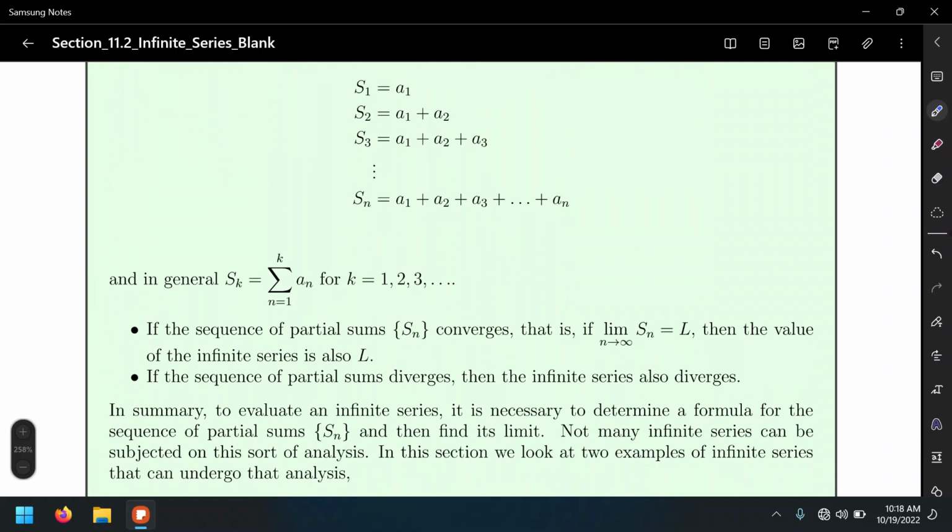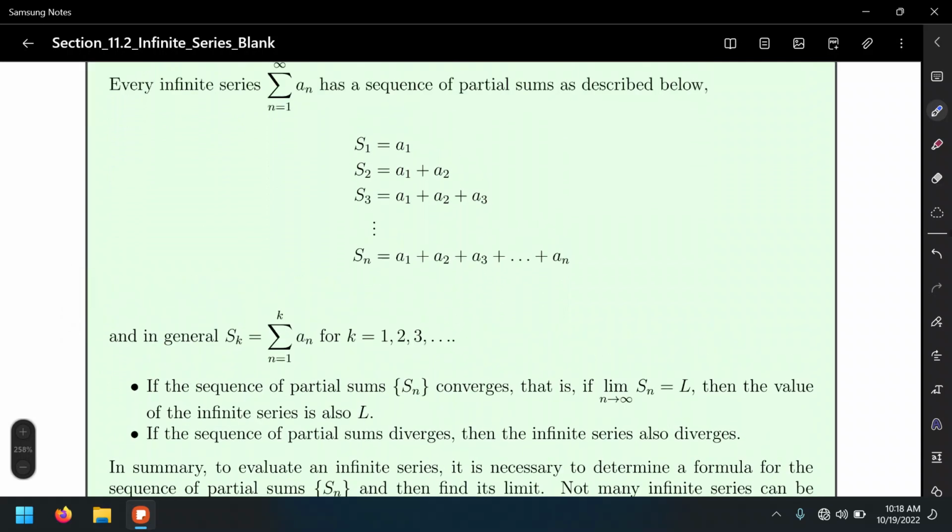But the problem is that every sum S1, S2, S3, S of n, so we are going to look at all these different sequences of partial sums, and from there try to figure out a pattern, try to obtain an expression in a similar way that we did with the sequences in the previous section.